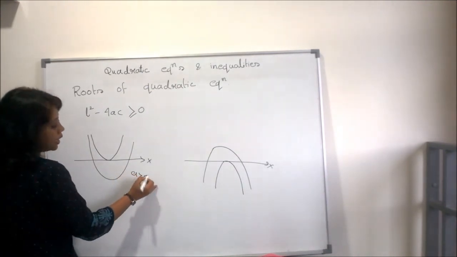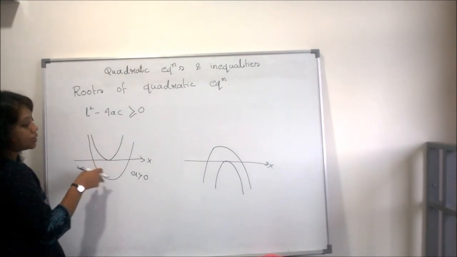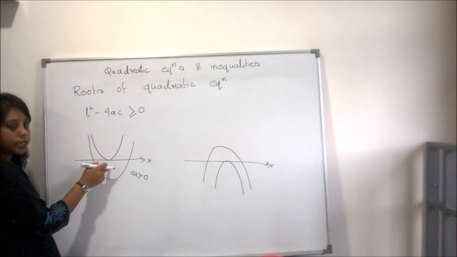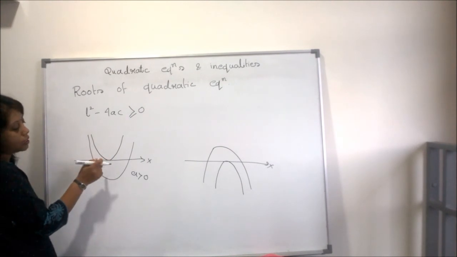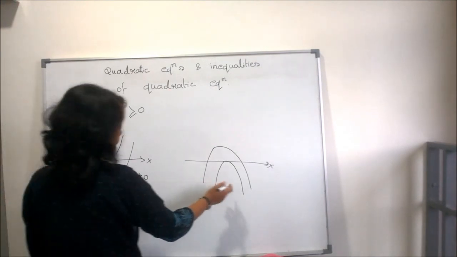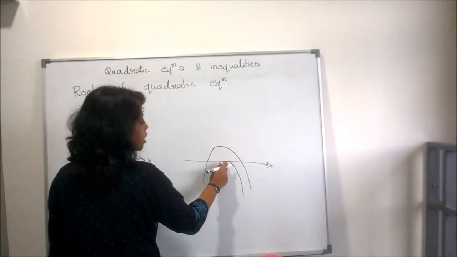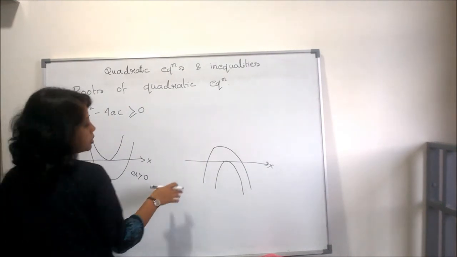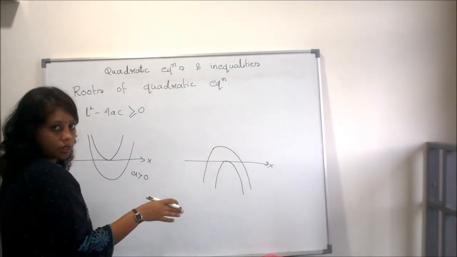When a is greater than 0, either it intersects the x-axis at 2 points, or it touches just one point. Here also it may touch only 1 point or may intersect at 2 points, but the roots are real. Okay.